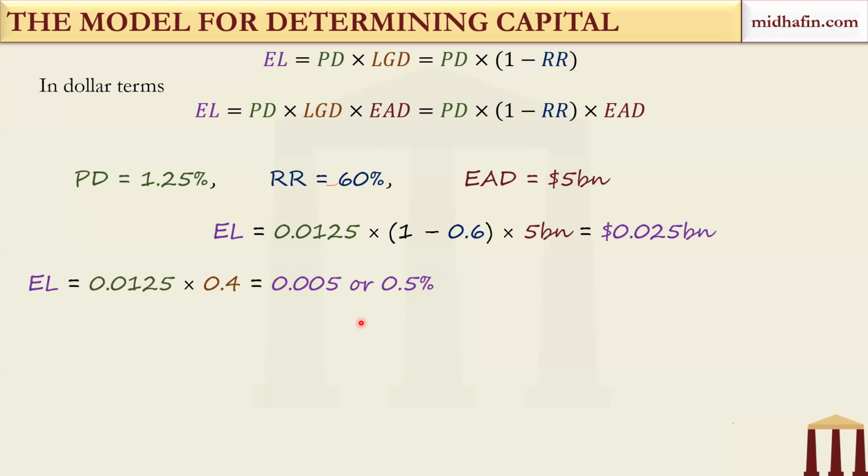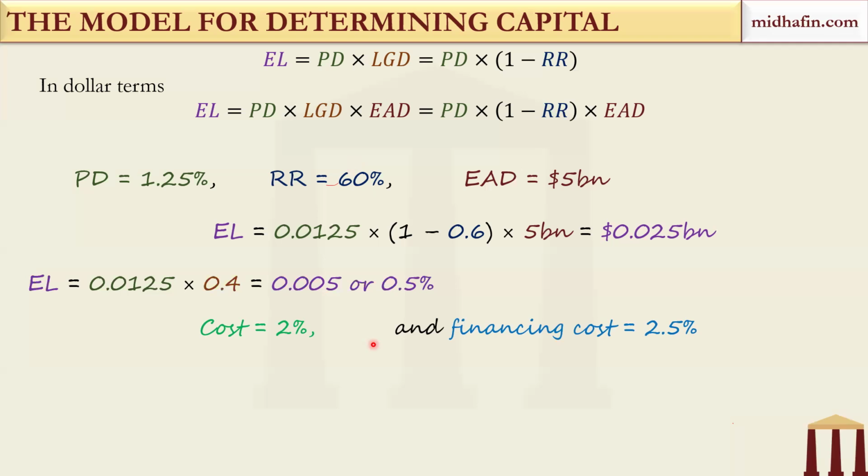Now, let's say there is a bank that knows its expected loss is 0.5%. And it also knows that the servicing cost, administrative cost is 2%, and financing cost is 2.5%.